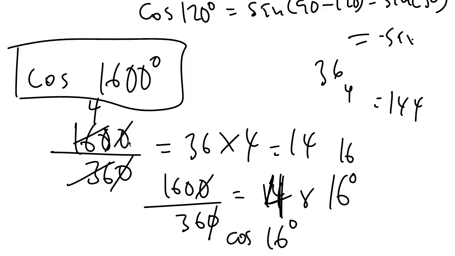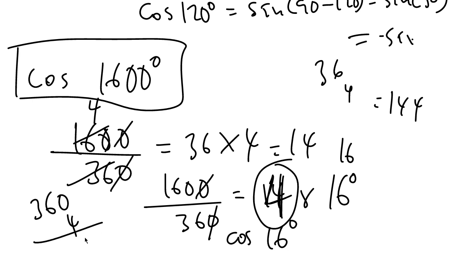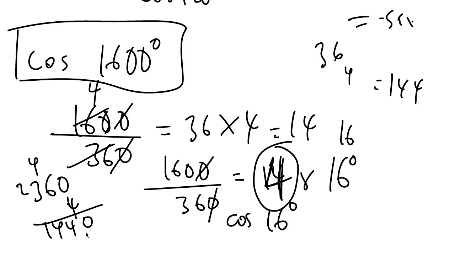Because 1600 over 360, that means it will go around the circle 4 times. After going around 4 times, 360 multiplied by 4 is what? 4 carrying 2, that will be 1440. Are you following?